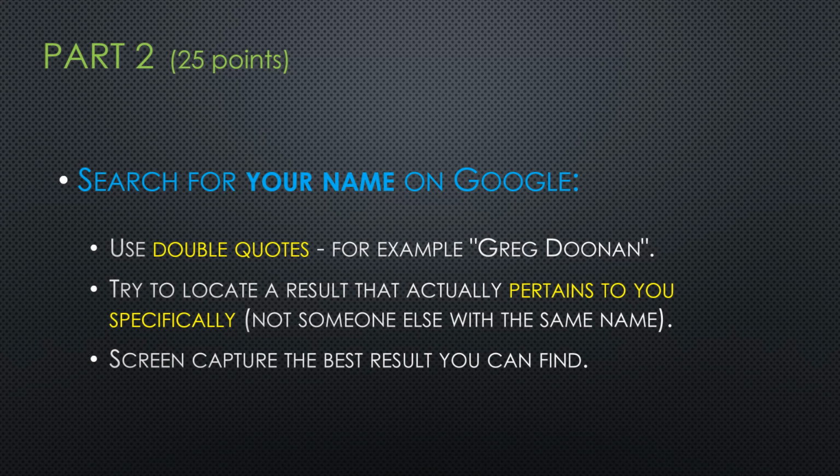And then try to locate a result that pertains to you specifically. Obviously, some names are more common than others, and you may find quite a few results with somebody with your name, which is actually quite interesting in some cases. When you find one that you want to go ahead and send, get a screen capture of it, and you'll be emailing that to the Professor Doonan at gmail.com.